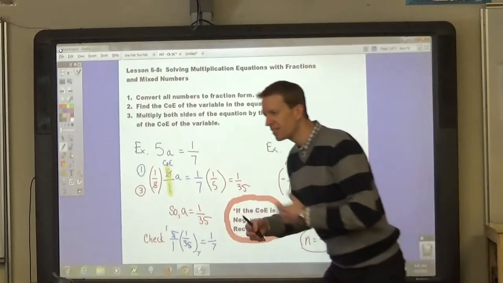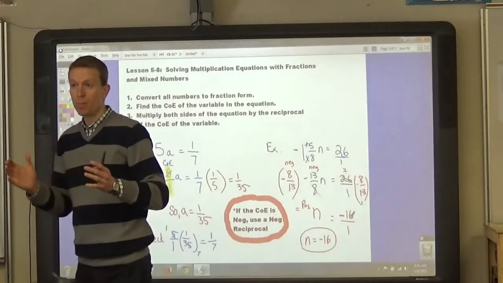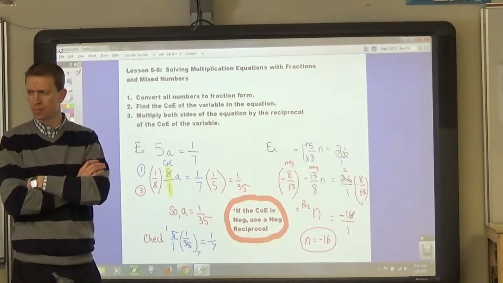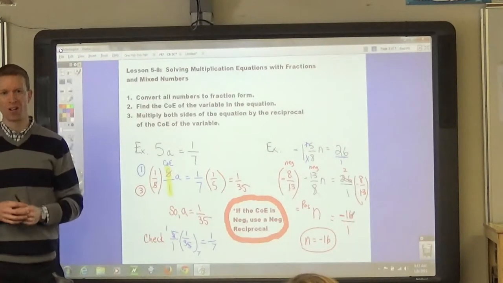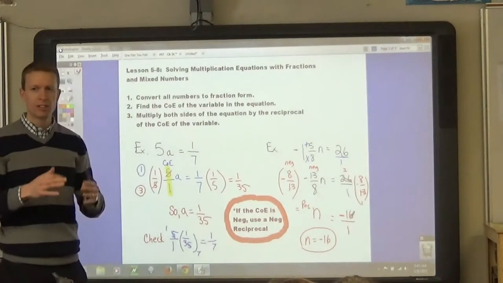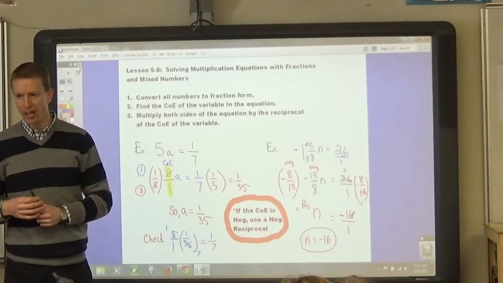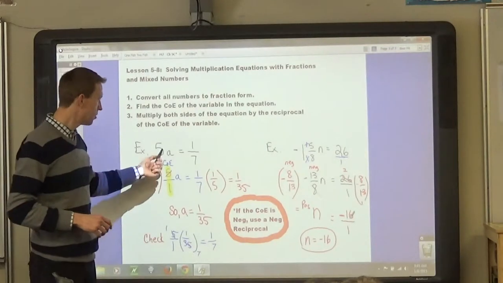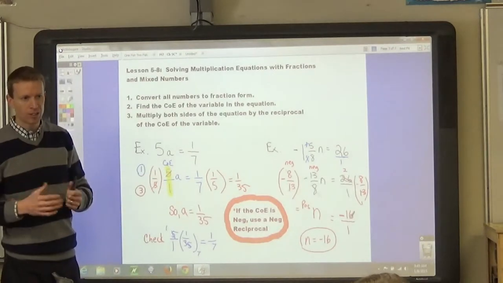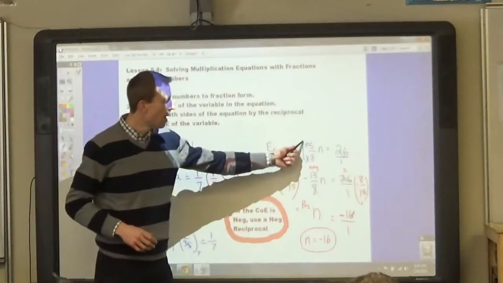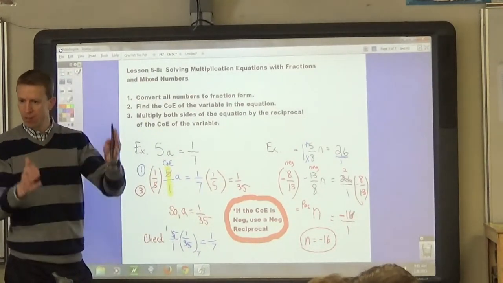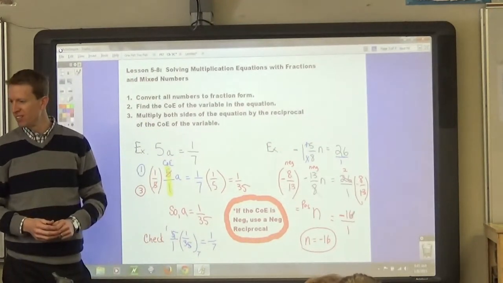So, the process that we're doing is the same process we did before in chapter 2 or chapter 3. It's just that the numbers are harder. The numbers are using fractions and mixed numbers, and so we're taking some of those skills that you did in 6th grade in converting these to a fraction, finding the reciprocals, changing this to a top-heavy fraction first, and then flipping it over to use the reciprocal.